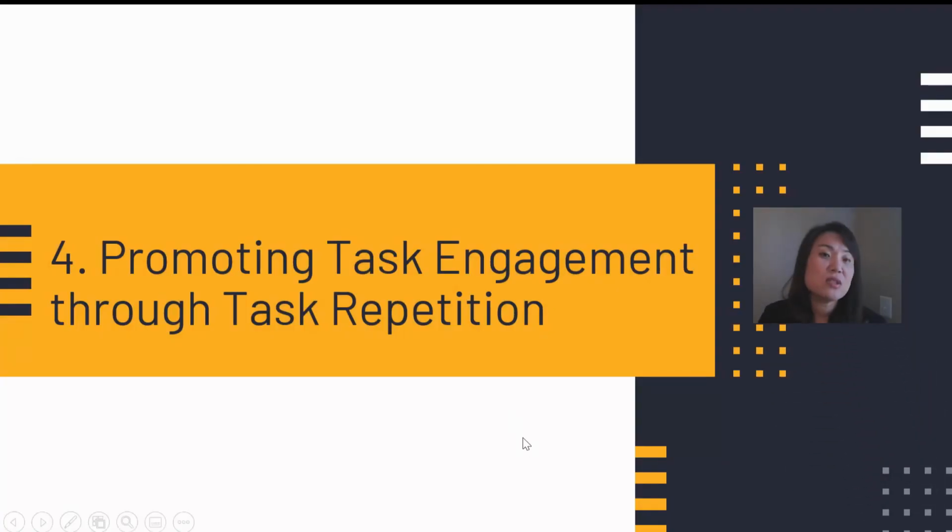And the last suggestion is let's promote task engagement through task repetition. I think task repetition can be very useful, especially when you teach pragmatics.